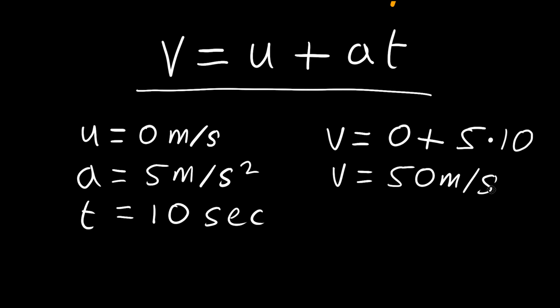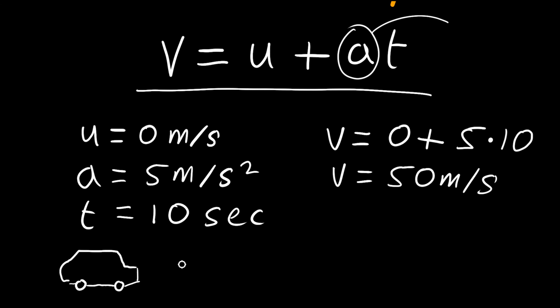Now, this acceleration is very important, and I'll describe this in more detail in the kinematics section of this course, the one-dimensional kinematics section. But this acceleration is constant, which means it doesn't vary with time. So instead of a particle, we can imagine a car at some traffic lights at rest.